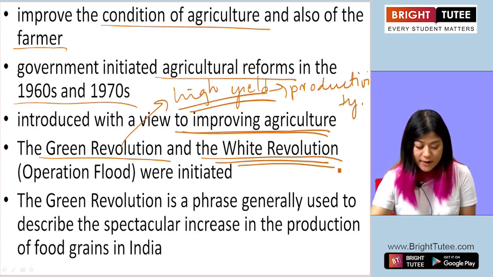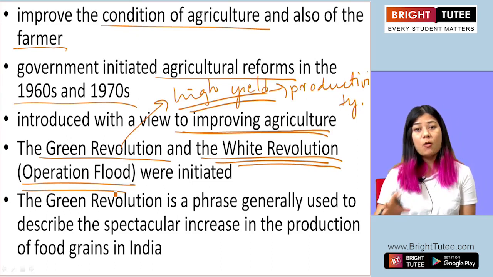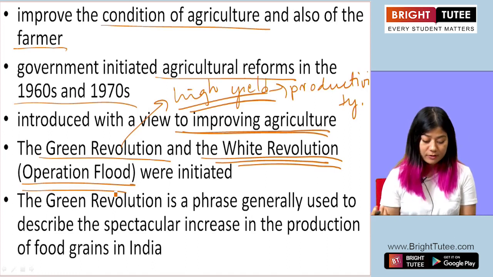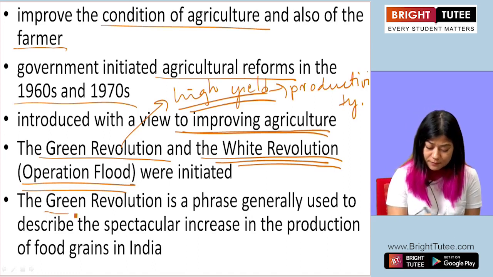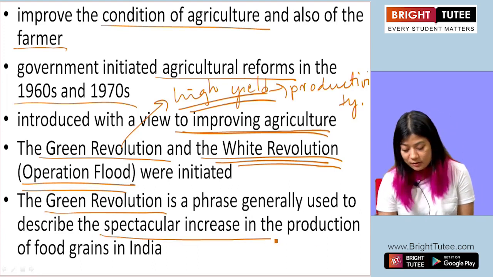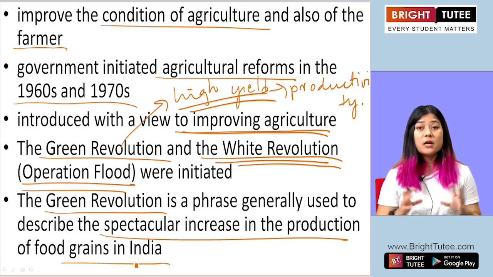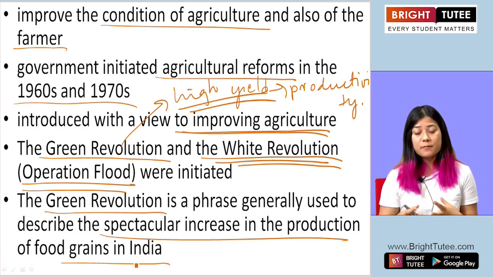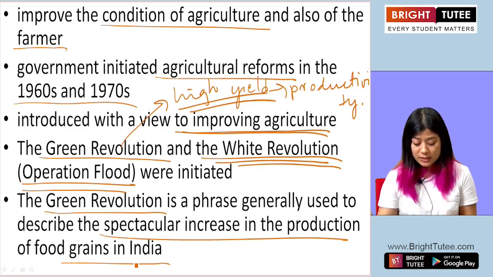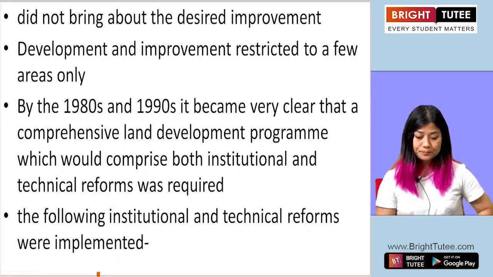The White Revolution was also called Operation Flood. These were all for the improvement of agriculture. The Green Revolution is a phrase generally used to describe the spectacular increase in the production of food grains in India. It was an initiative of the government for the rapid increase of the production of food grains in India.